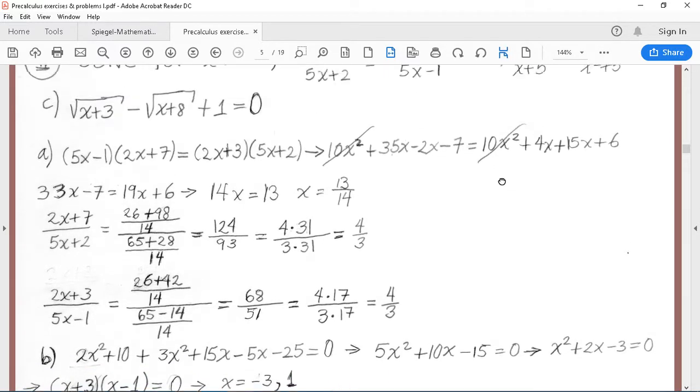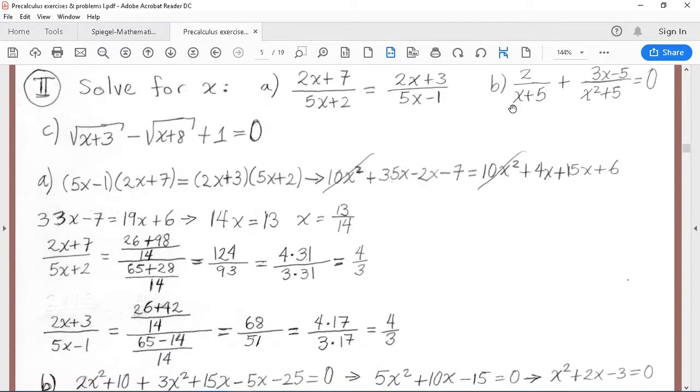So multiplying that, we have 2x squared plus 10, and x times 3x is 3x squared, 5 times 3x is 15x, x times minus 5 is minus 5x, and 5 times minus 5 is minus 25.